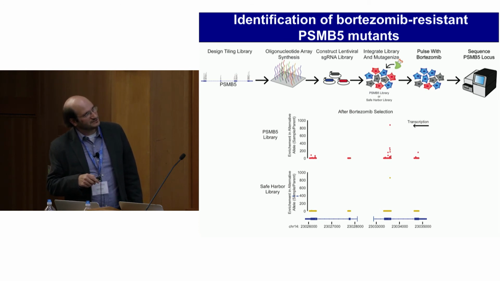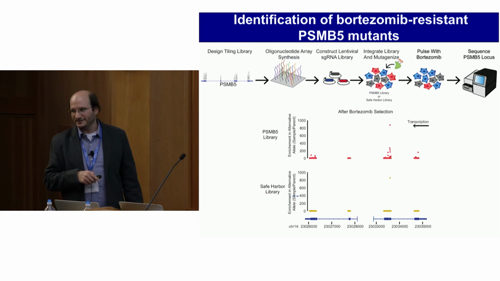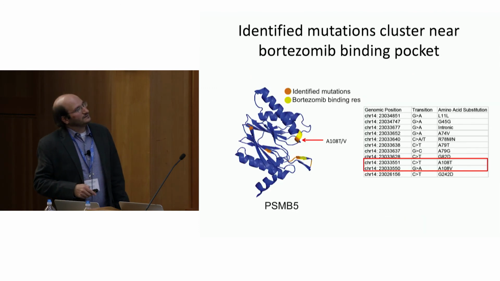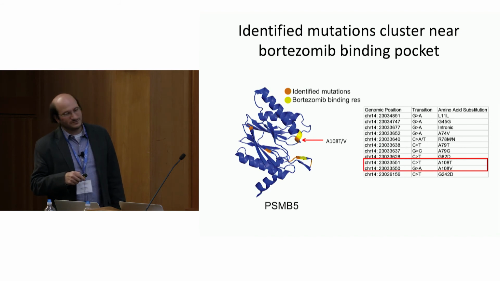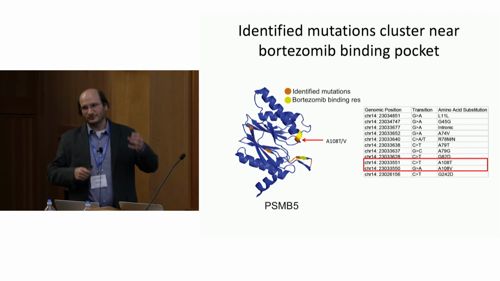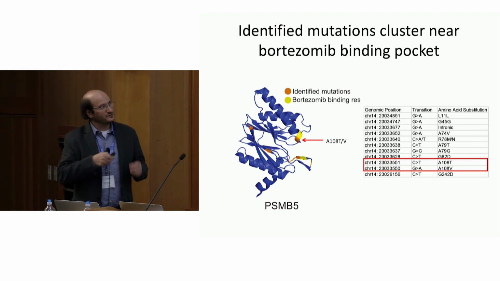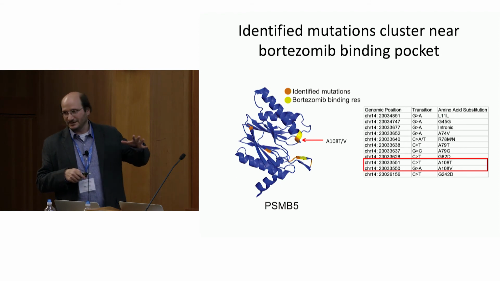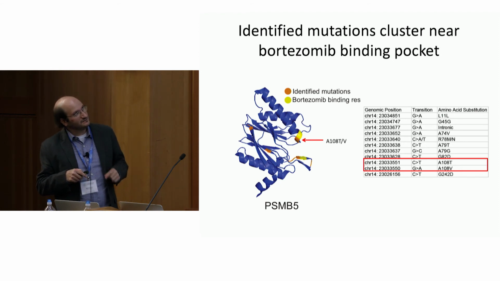In fact, what was interesting is this exon 3 is actually not expressed in K562 cells, and we saw no mutants coming up there. So when we looked at where these mutations map onto PSMB5, fortunately the structure of PSMB5 in complex with bortezomib is known. And previously, people had identified in resistant cancer cells mutations in the binding pocket of PSMB5 for bortezomib.